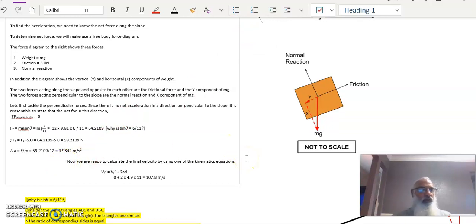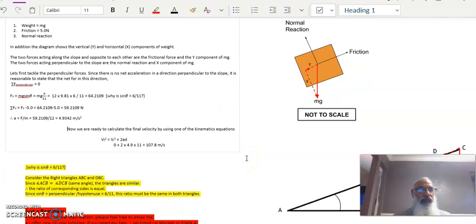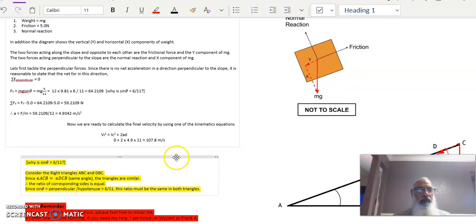Okay, so once we have the acceleration, we can now plug that into a kinematics equation. Let me say that again. Vf squared equals Vi squared plus 2as.